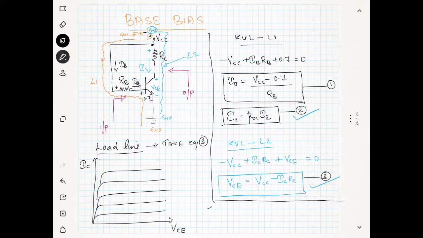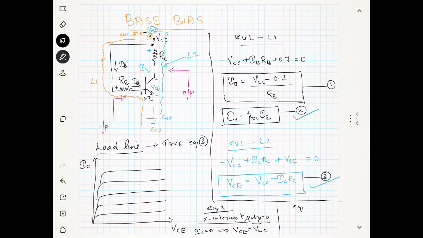In equation 3, to find the x-intercept, you have to put y equal to 0. That means IC is equal to 0. So we put IC equal to 0, which implies VCE is equal to VCC. So you got the point, VCE equal to VCC.